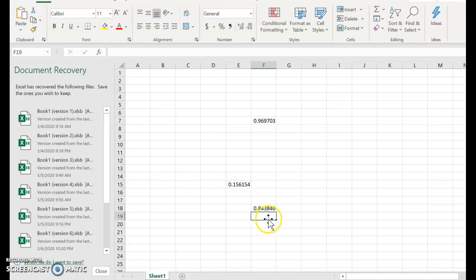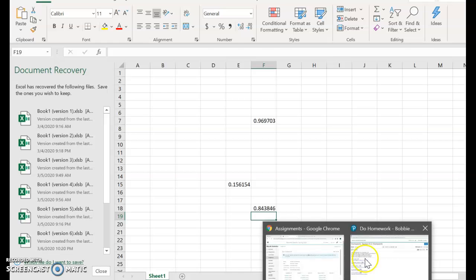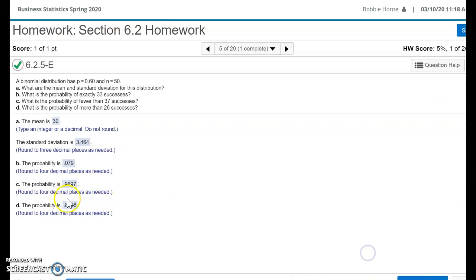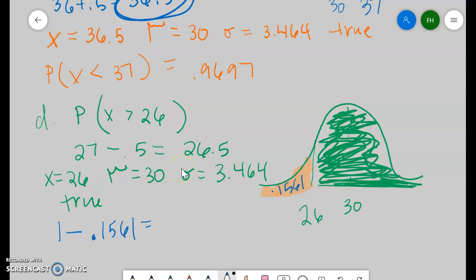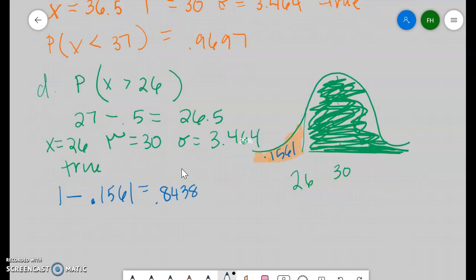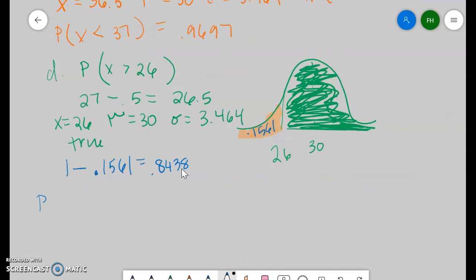And that would be 0.8438. So the probability that X is greater than 26 is 0.8438.